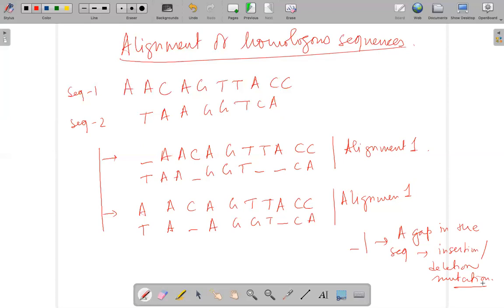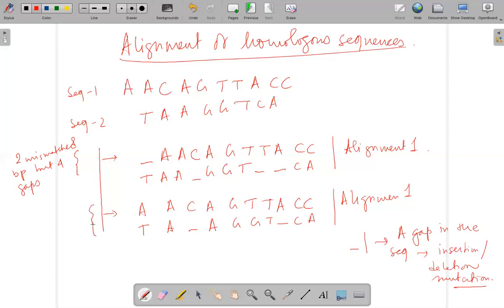Okay. So the first one, if you see here, the first alignment has two mismatched base pairs, okay, but 4 gaps.